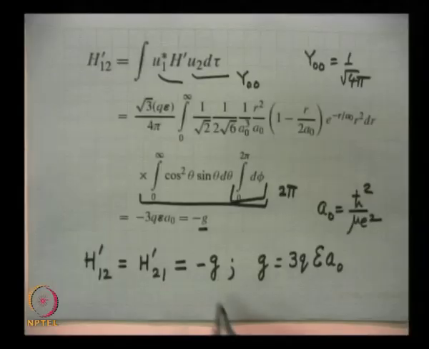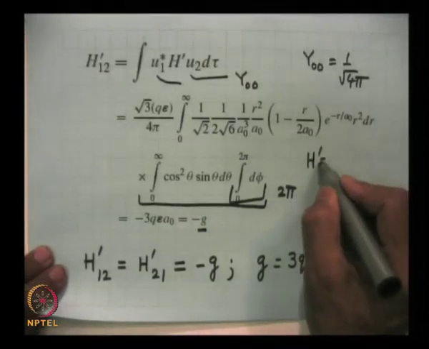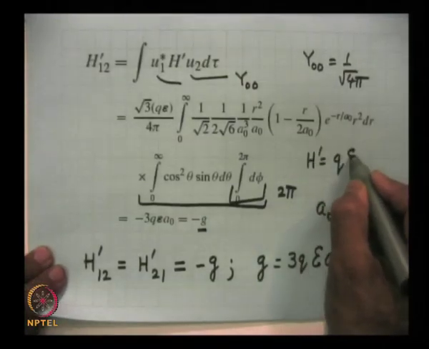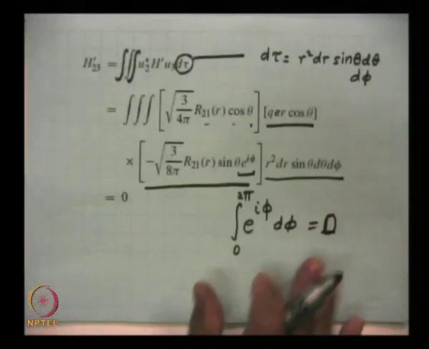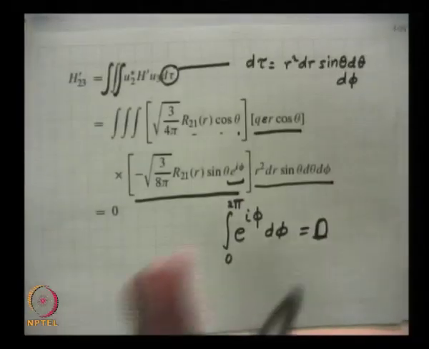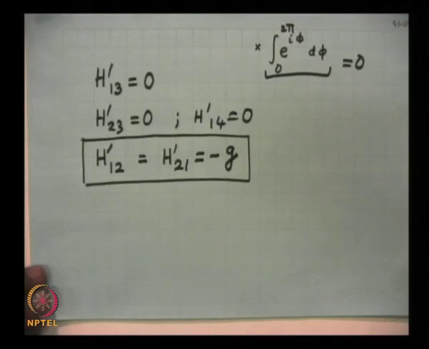Now, we have this perturbation h prime equal to q E r cos theta. We calculated laboriously all the matrix elements, and we found that all the matrix elements are 0 excepting for h prime 1 2 and h prime 2 1.